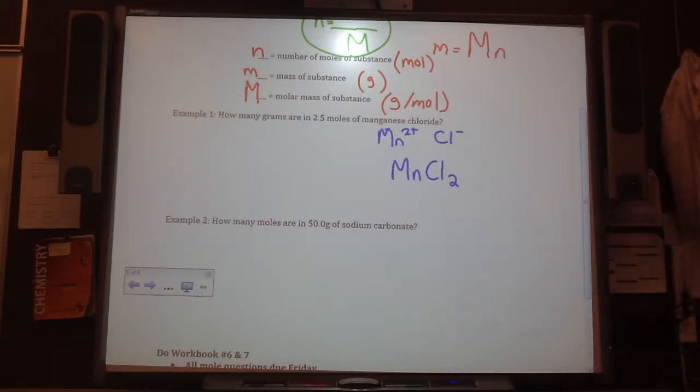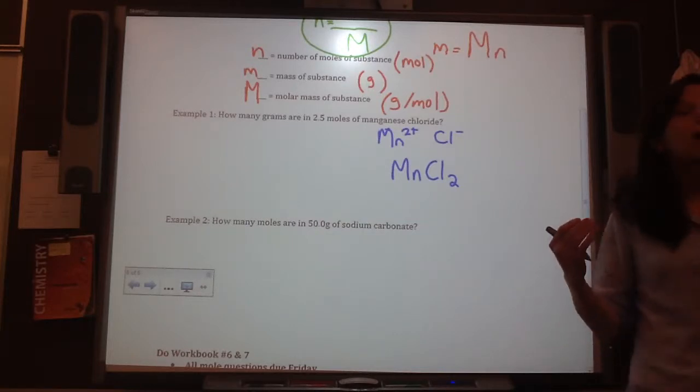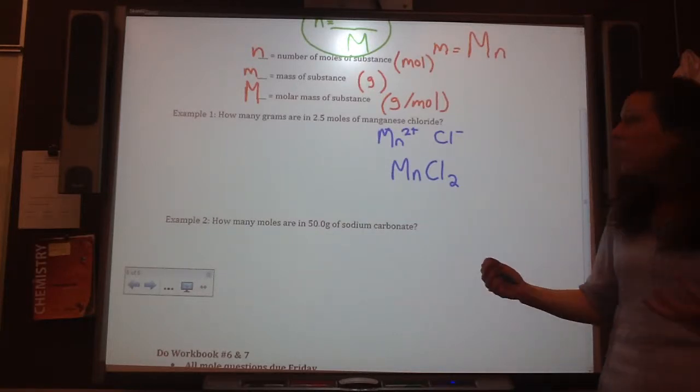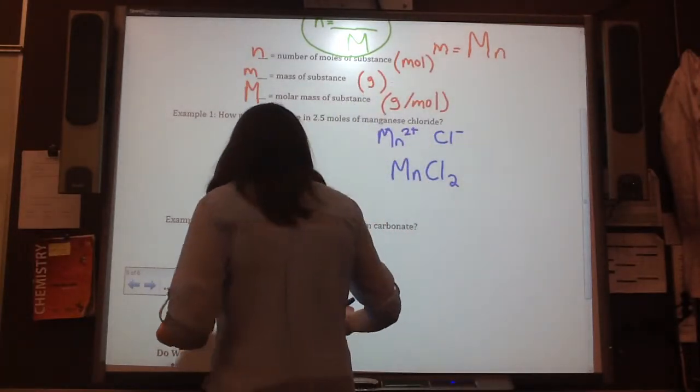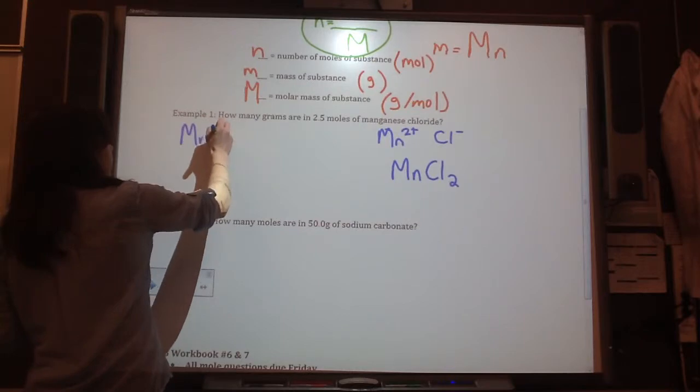Okay, now that you have your compound, the next step is to calculate the molar mass. When we calculate molar mass, how many Mn do we have?